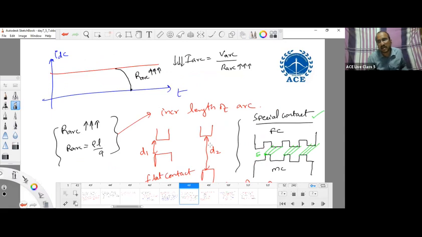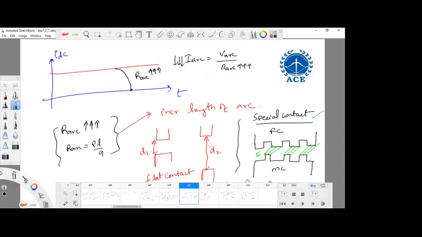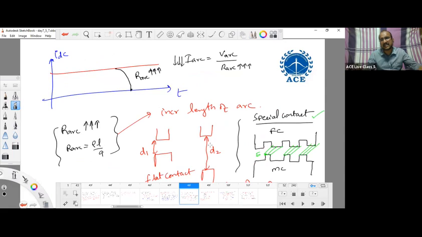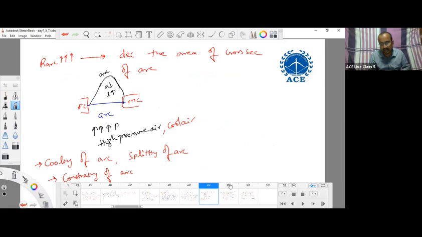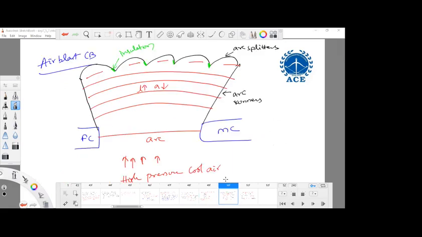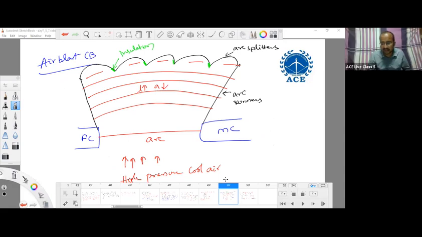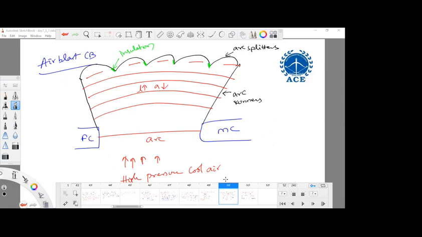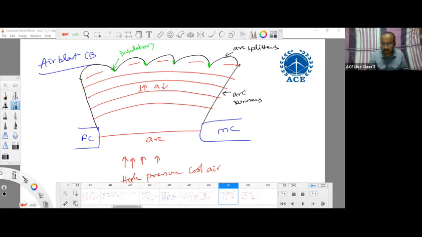Moreover, in AC natural current zero points are available, so no need to forcibly reduce to zero. In case of DC, we have to bring the arc current to zero by increasing the resistance of the arc. So that's why we are preferring it for DC. Okay, sir. Thank you, sir.